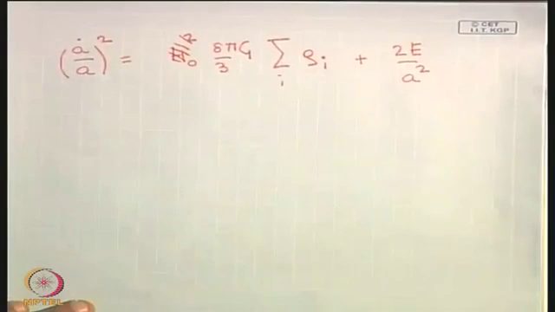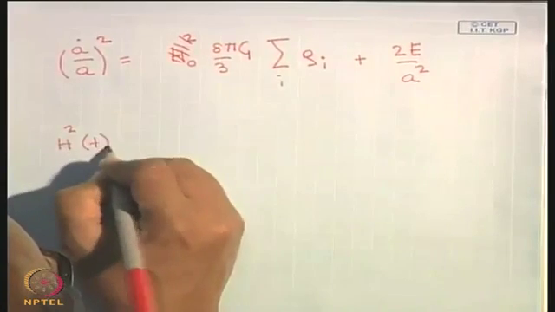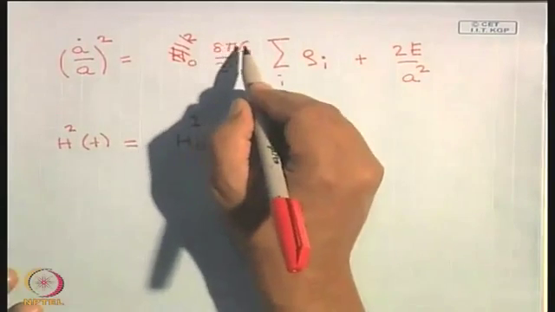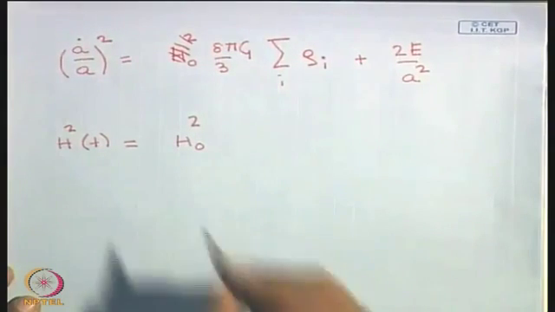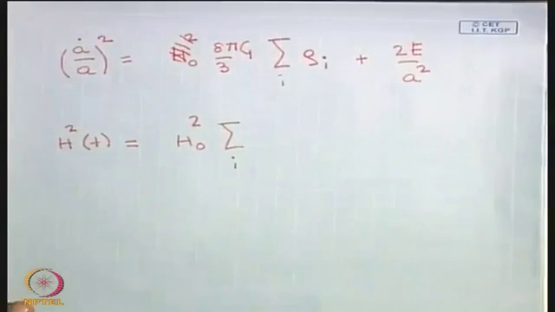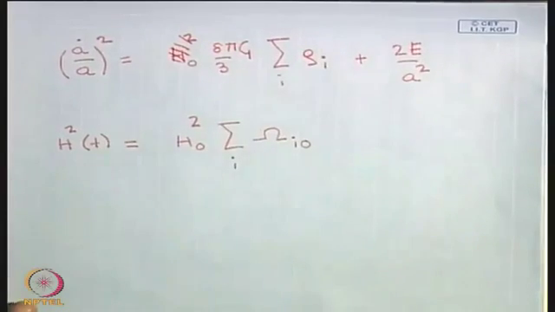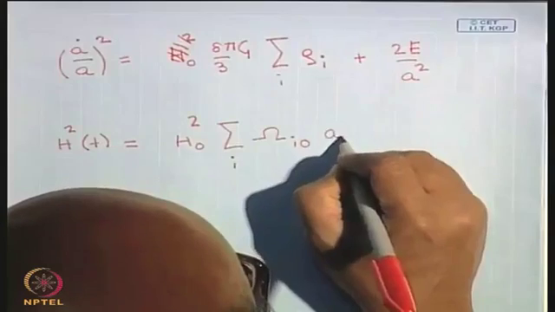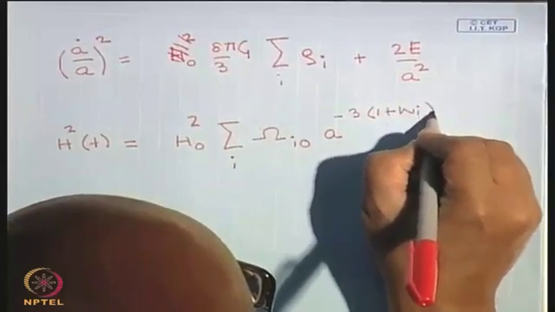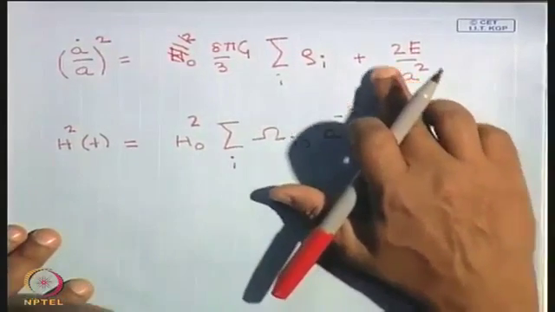We have done this exercise, and this can also be written in the following way: H squared of t, the Hubble parameter squared, is equal to H naught squared, again replacing 8/3 pi G by 3 in terms of H naught squared and the critical density, sum of all the components in the universe, the corresponding density parameter omega i naught, into a to the power minus 3 (1 plus w i).